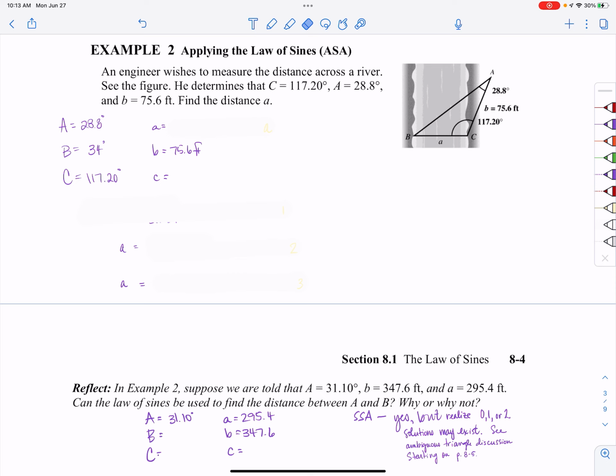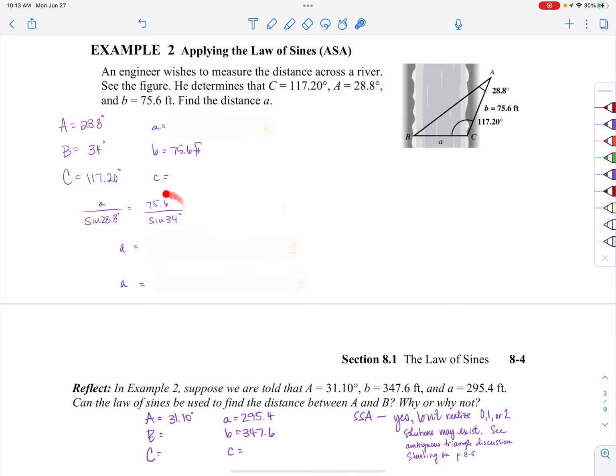So now I know all of fraction B. If I know fraction B, I can use fraction B and fraction A to be able to find out what A is. So let's go ahead and set up our law of sines.